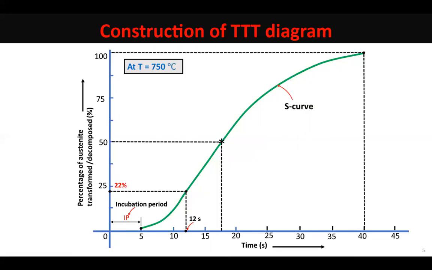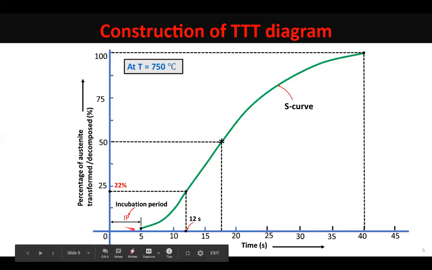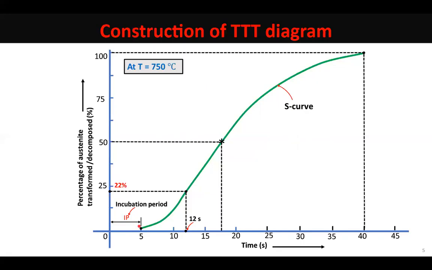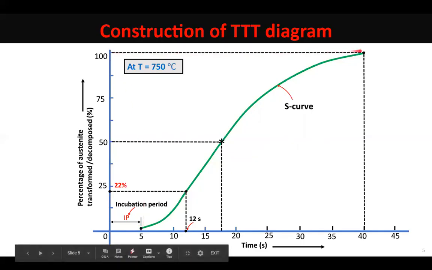Austenite ideally does not have any right to exist at such a low temperature, but still, if it existed, it means it started transformation after 5 seconds. It means 5 seconds was its incubation period, and after 99% or 100% transformation, 40 seconds is the total transformation time at 680 degrees centigrade, and 5 seconds is the incubation period at 680 degrees centigrade.